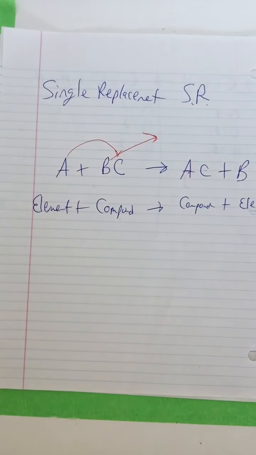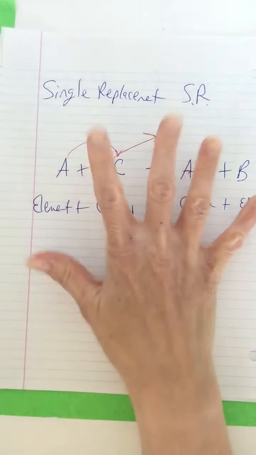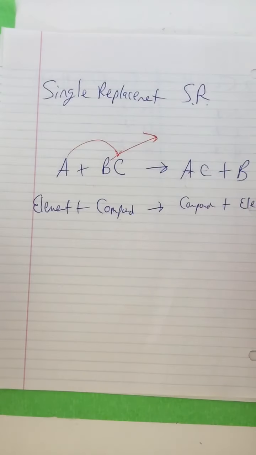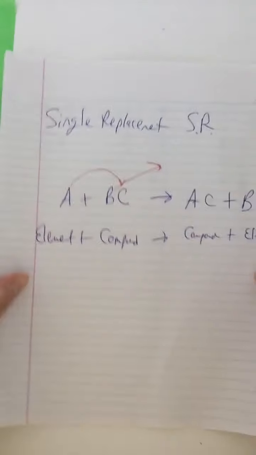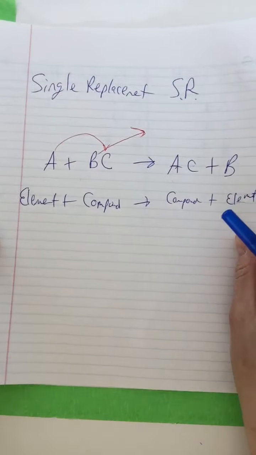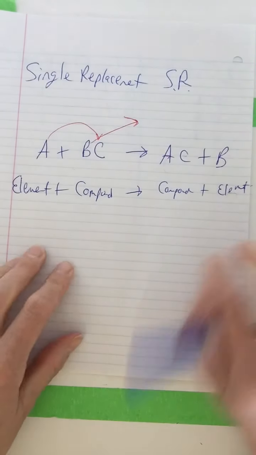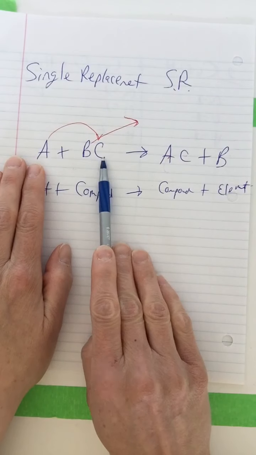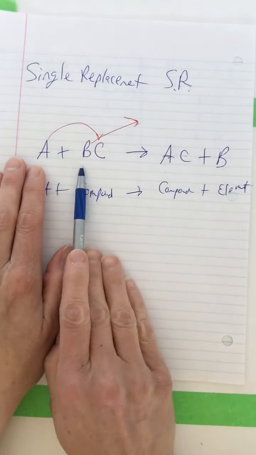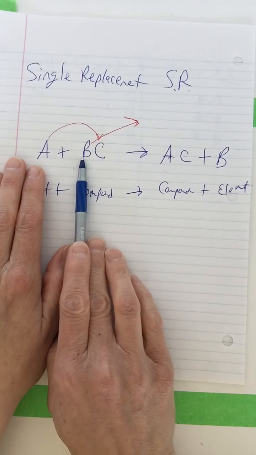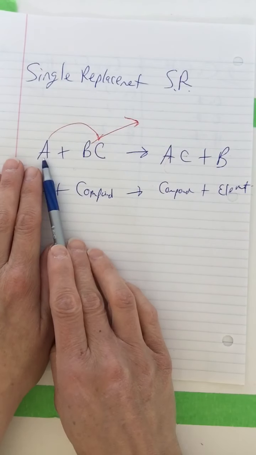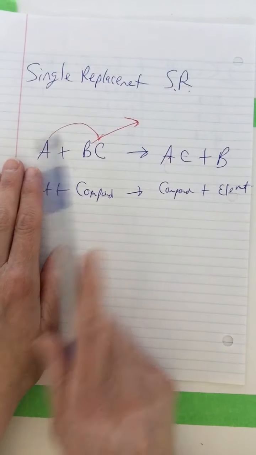Okay, so that was like the generalizing. This doesn't always happen. It depends on something called the activity series. So you can think of it as like in dancing or like in dating, okay? A is only going to get to dance with C if he's better than B. If B isn't as good looking or as good of a dancer, why would you swap out? Not going to happen. If A is a bad dancer, you're not going to dance with them.